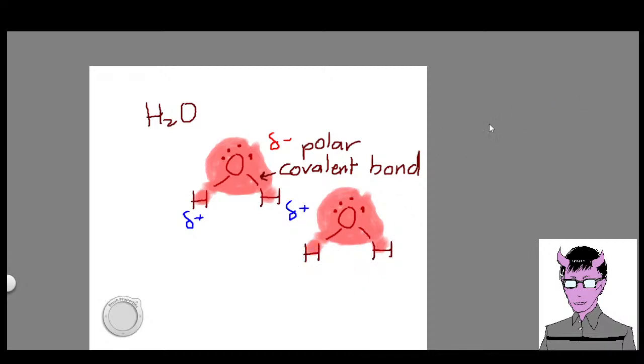So for that water molecule, we do have a partial negative on the oxygen and a partial positive on the hydrogen. And because we have these partial charges that are opposite signs, we can conclude that they're going to attract each other following the basic magnetic rules. So thus, we get this interaction between them.